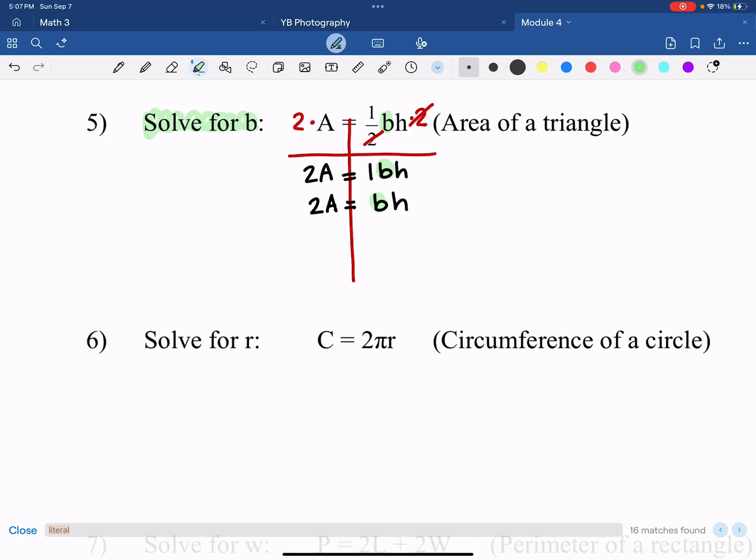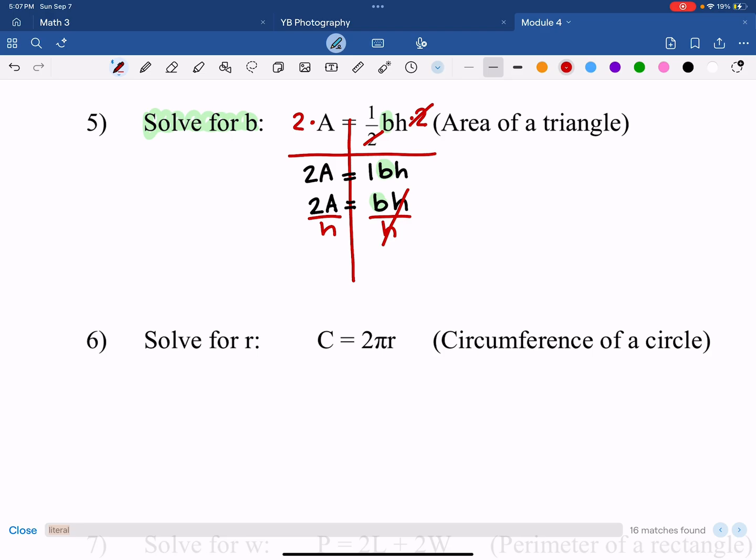And therefore, I only have this h left to get rid of. Now, these 2 letters are right next to each other with nothing in between them. We've talked about this a couple times, but if this is bh, then that means that the h is being multiplied to our b. And the opposite of multiplying is dividing. So I can get rid of this h by dividing the h on both sides.